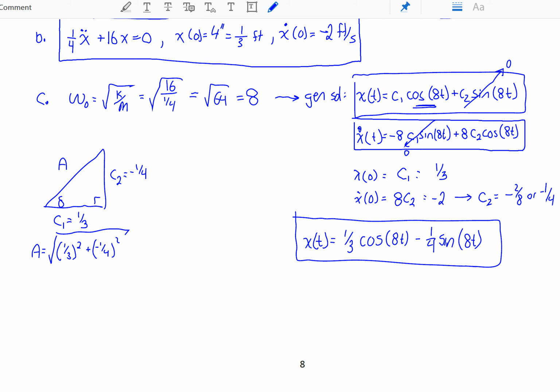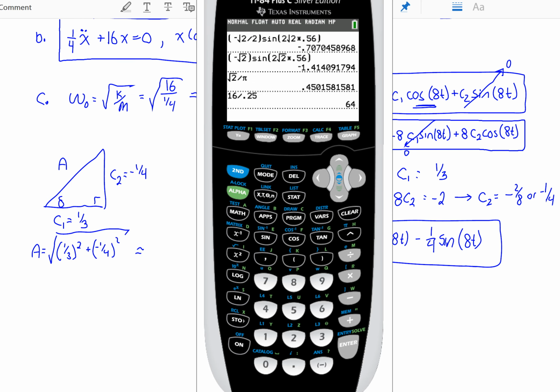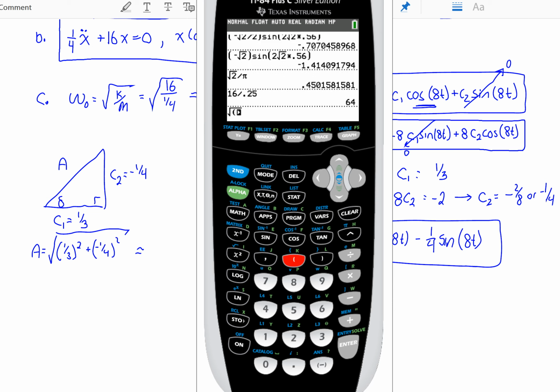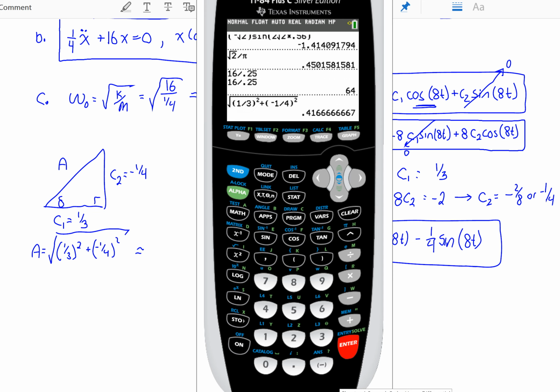And if you grab your calculator, the square root of 1/3 squared plus -1/4 squared.